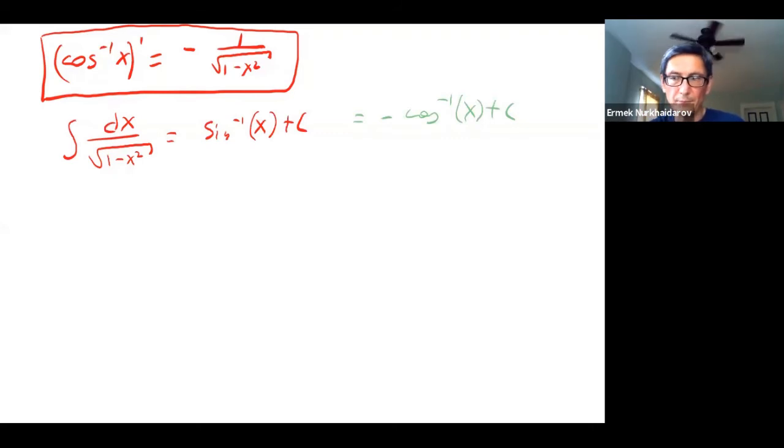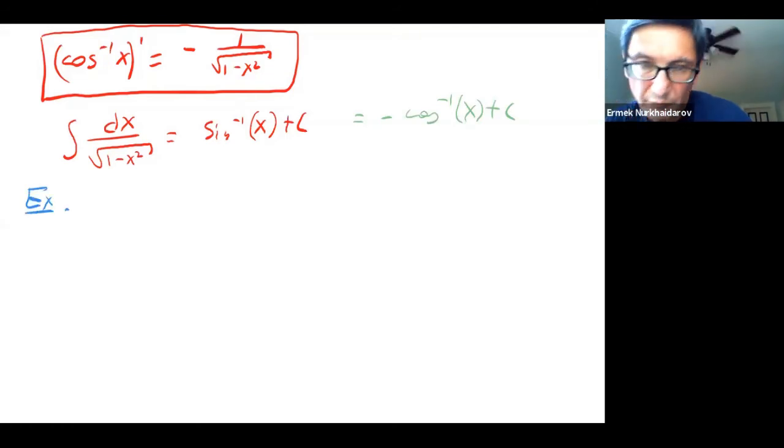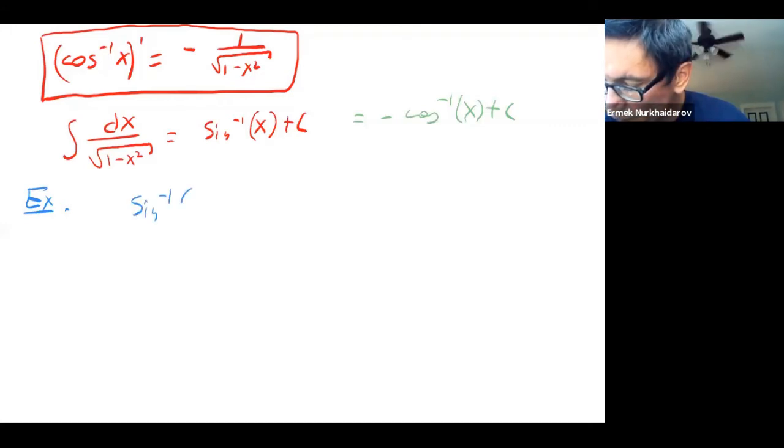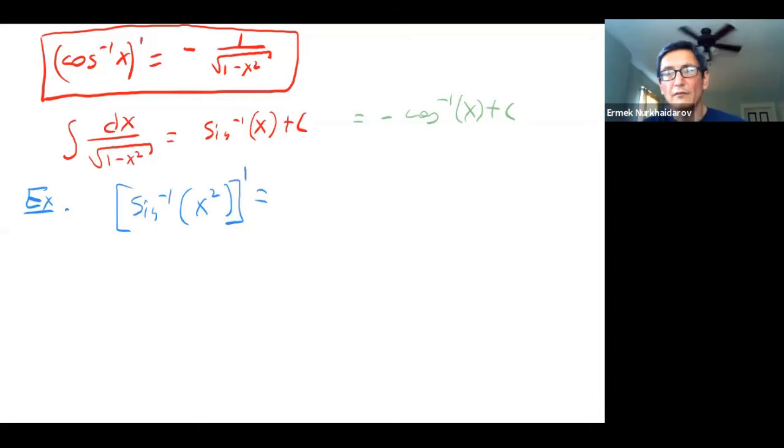So one more integral. Now let me try to use it once or twice and illustrate in a couple of examples how we'll do it. I'll start with derivatives. If I want to take the derivative of sine inverse of x squared, that is a chain rule.